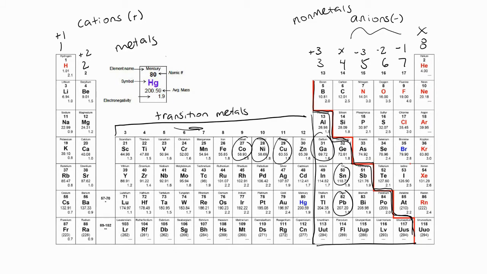So for our purposes, we're just going to lump together everything that's to the left of the stair-step line, but to the right of this line right here. So really the only cations that don't need Roman numerals are the first and second groups, which is kind of a pain, but that's just the life we're living in chemistry these days.